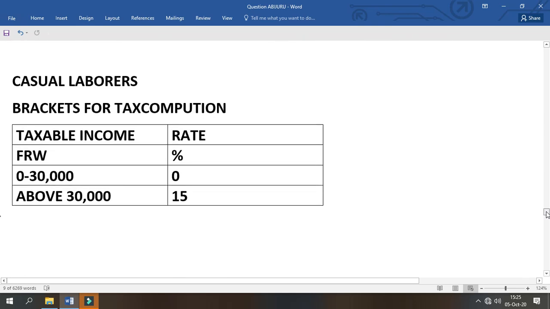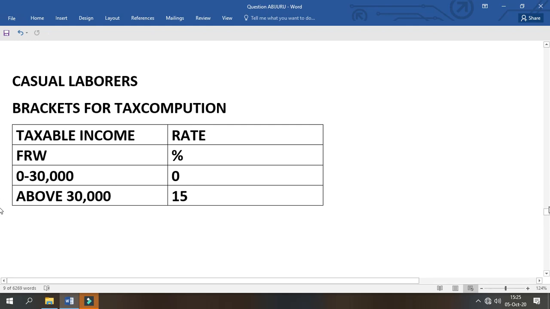The percentage rate applied to the taxable pay of casual laborers in calculating the pay as you earn is not the same as the percentage rate applied in calculating the pay as you earn for the permanent employees.